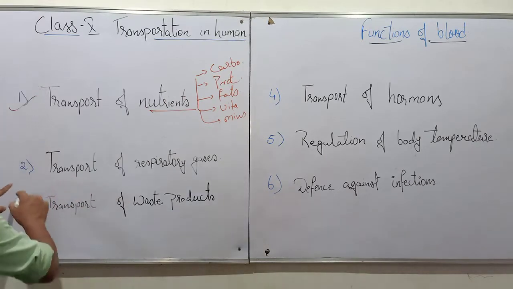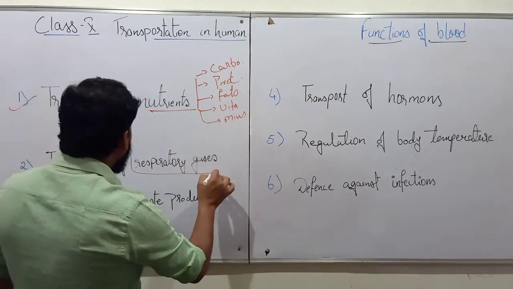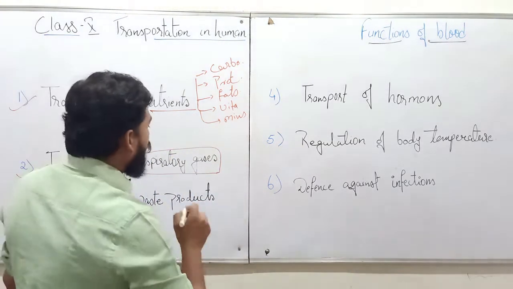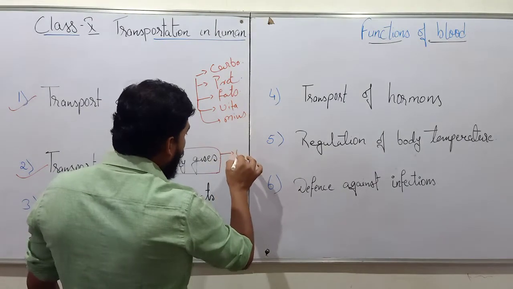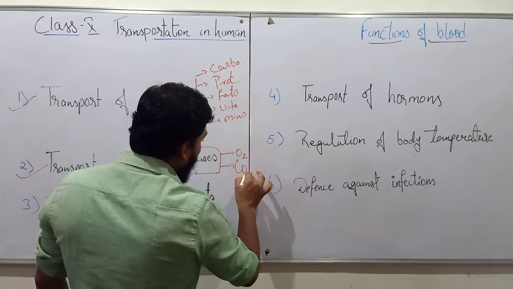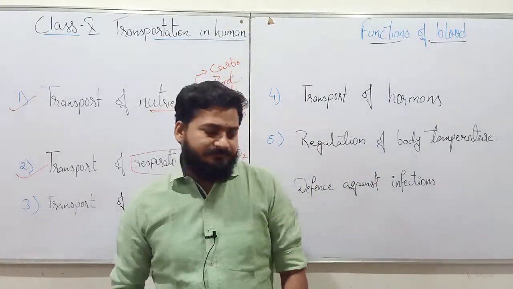Then, transport of respiratory gases. We have to talk about this in our next class. So there are 2 types of respiratory gases. First is oxygen and second is carbon dioxide. We will talk about this in our next class.